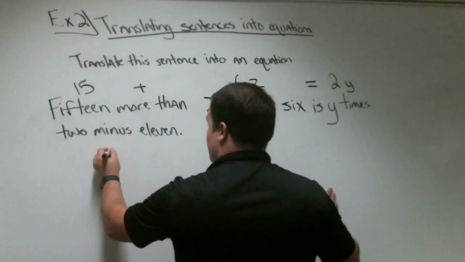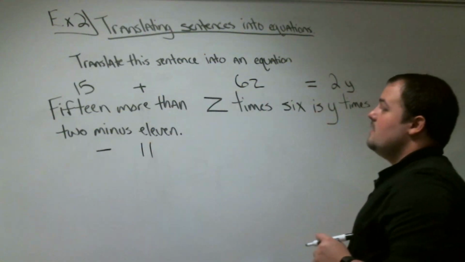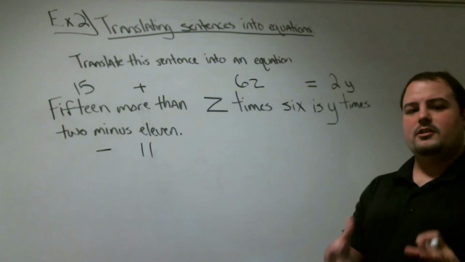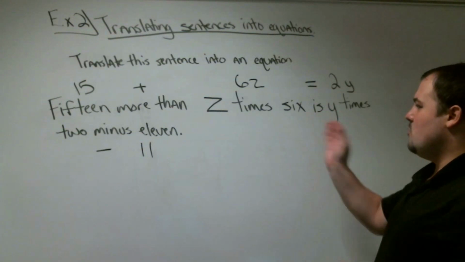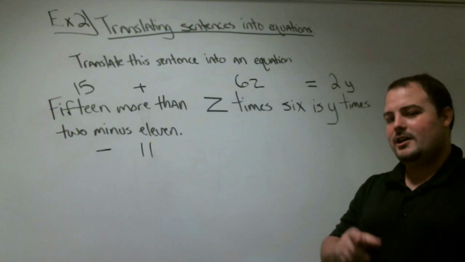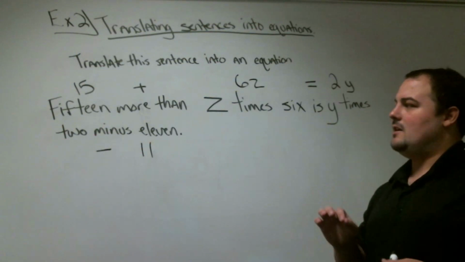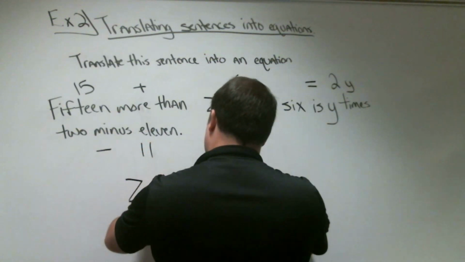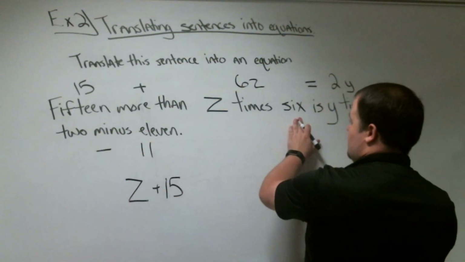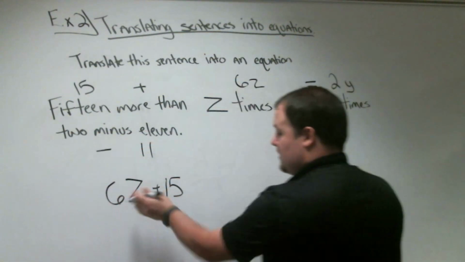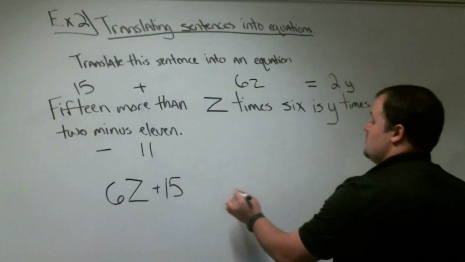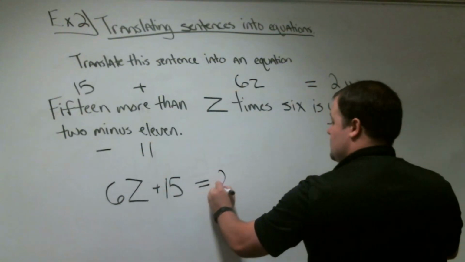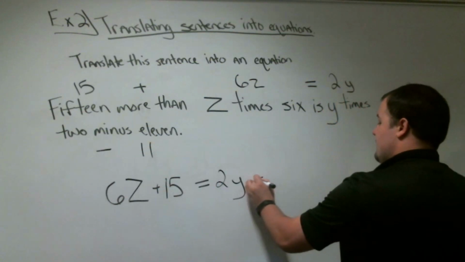So I'm going to have a minus sign, and it's 11. So this problem should be stating some of the things that I'm reading up here in the correct sequence. 15 more than z. Since it says more than, I know that that's going to actually happen at the end. So I'm going to write z plus 15, but I know it's z times 6. So it's really 6z plus 15. The word is means equals y times 2, so that's 2y minus 11.